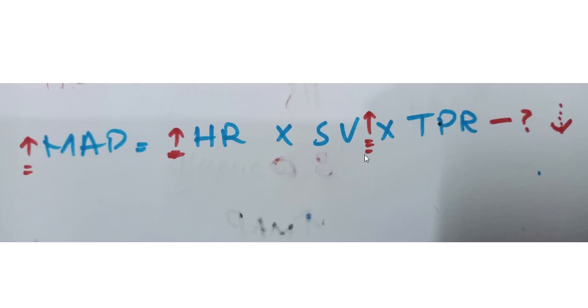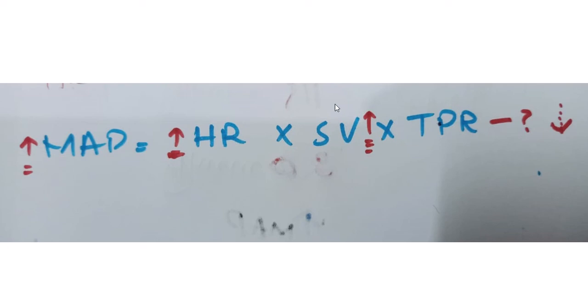It is not necessary that if the mean arterial pressure is increased, the total peripheral resistance will be increased. I already said, the sympathetic system of the body will increase the opening of the blood vessels at the outflow.